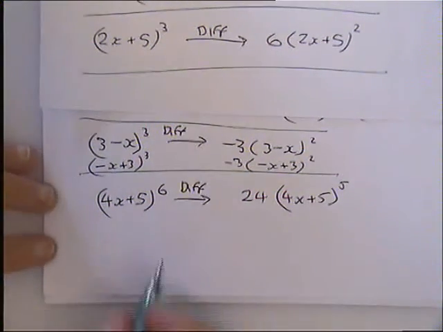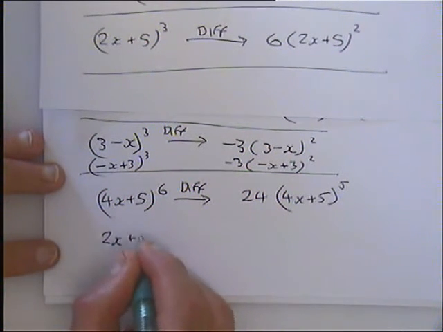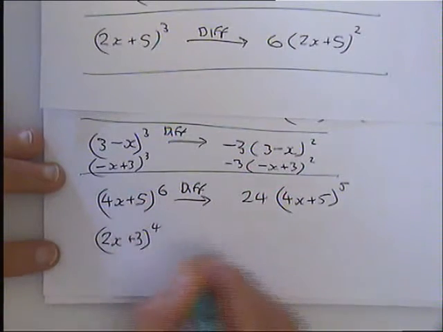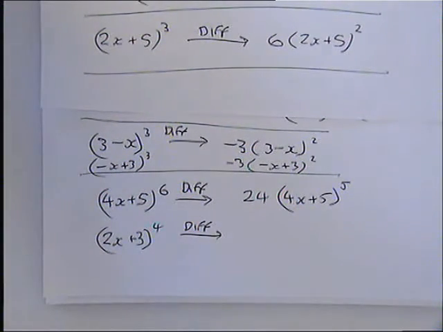Okay, right, let's try another one. Let's try 2x plus 3 to the power of 4. Right, is there anybody else who didn't put their hand up a minute ago, maybe spotted what's going on?